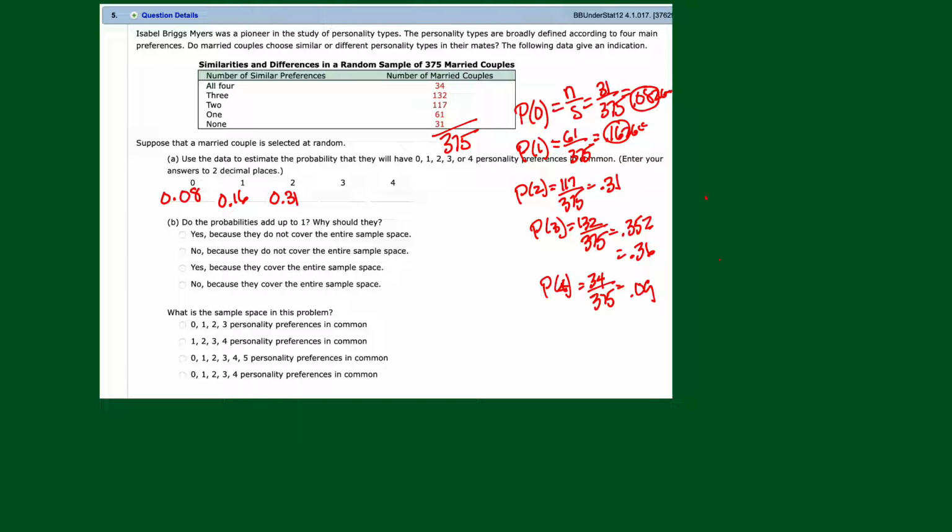That came out to 0.352. In statistics, we round to 2 decimal places, so this is going to be 0.35. And then at 4, I got 34 divided by 375. I got 0.09.